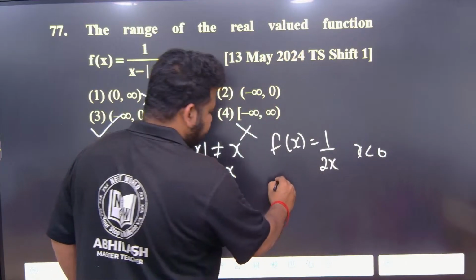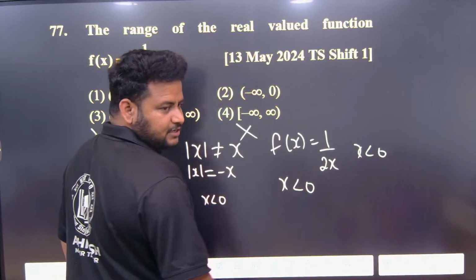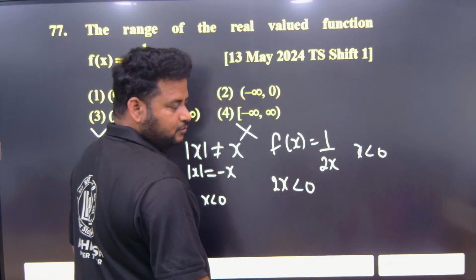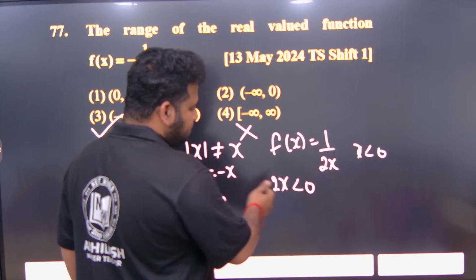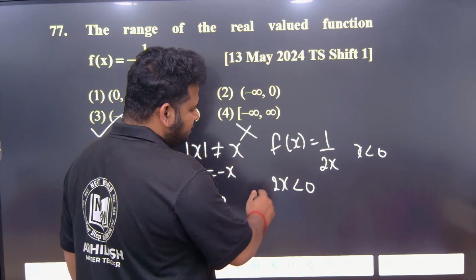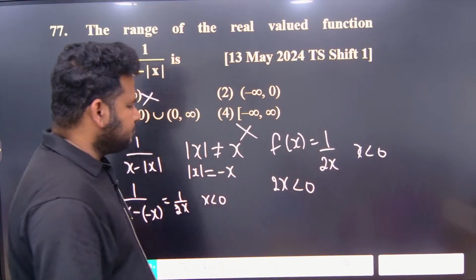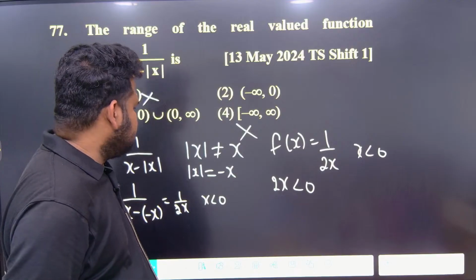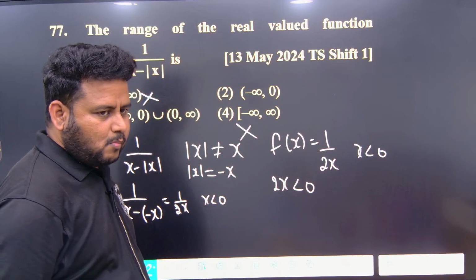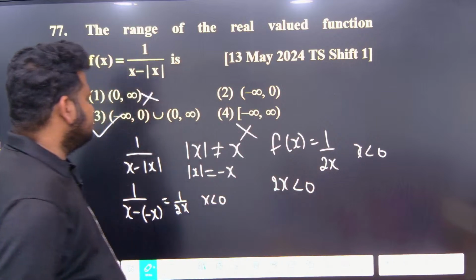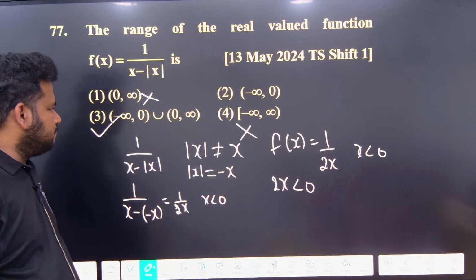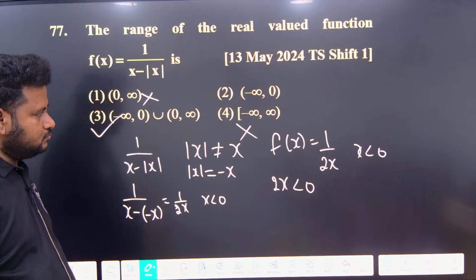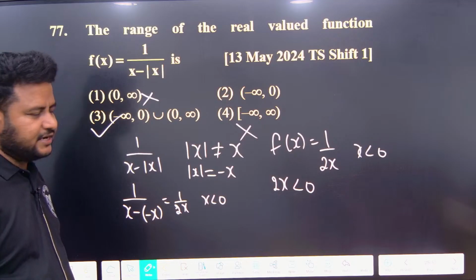So x is less than 0. What about 2x? If you multiply by 2, 2x is also less than 0. Now we have to take 1 by 2x. 2x is less than 0 means how will you write it?